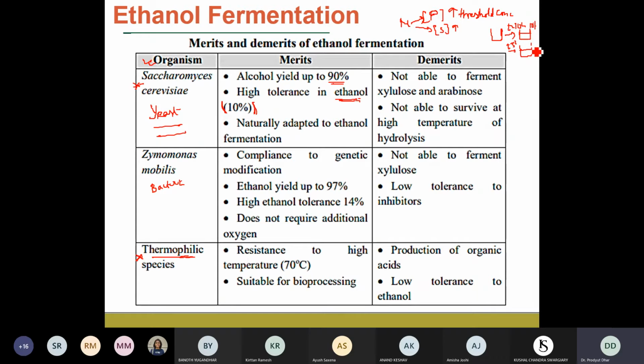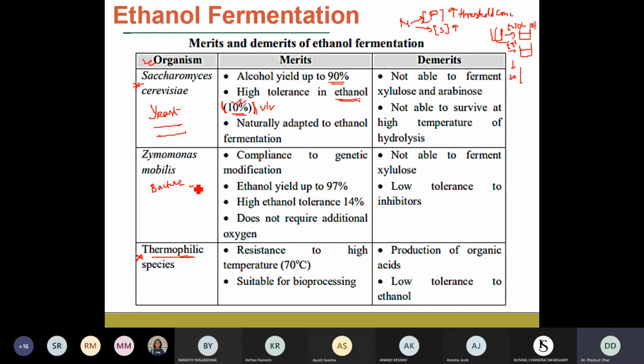Then we will find that in the next 20 hours, the ethanol production rate is going to decrease. This is because it has crossed the threshold limit of 10%, and after that the inhibitory effect of ethanol will start to affect the growing microorganisms. That is why for Saccharomyces cerevisiae, the maximum tolerance of ethanol is 10% volume by volume in the bioreactor.